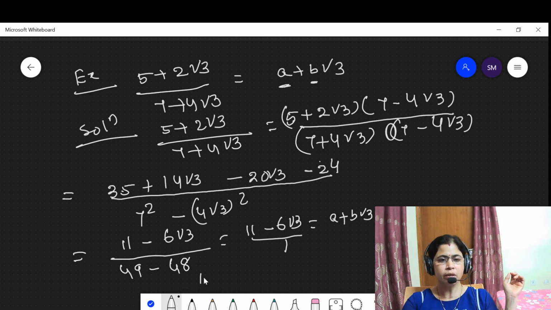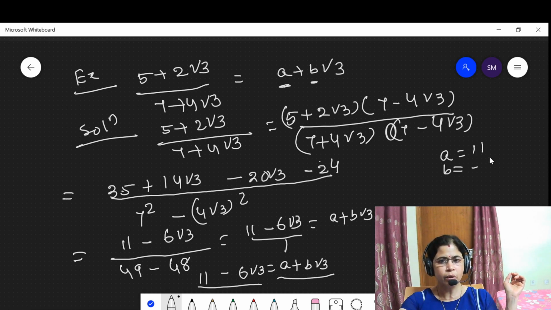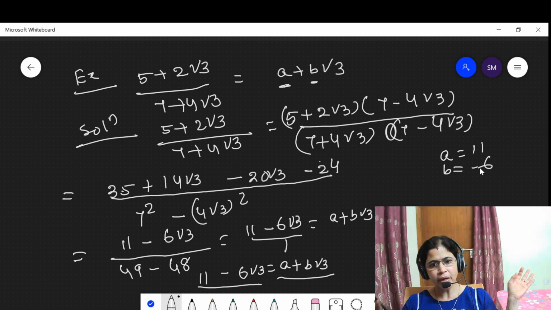Then comparing the LHS with the RHS, we come to the conclusion that a is equal to 11 and b is equal to minus 6. Here we get the answer a is equal to 11 and b is equal to minus 6.